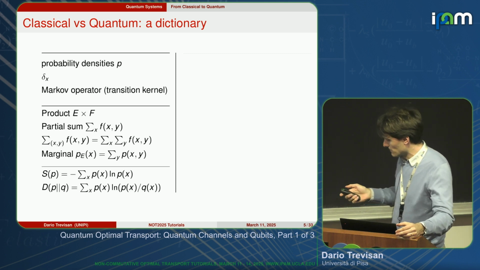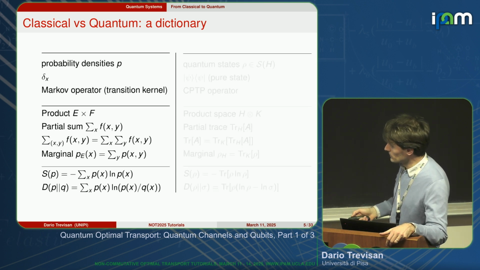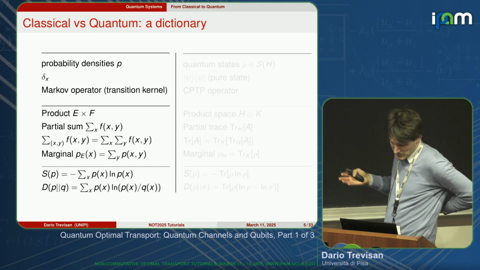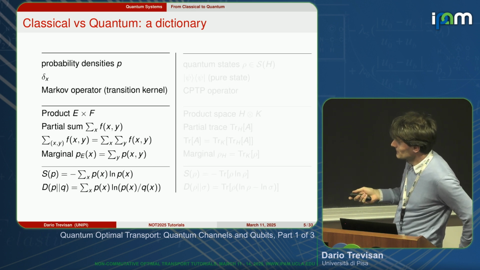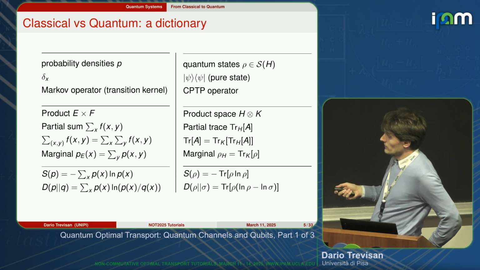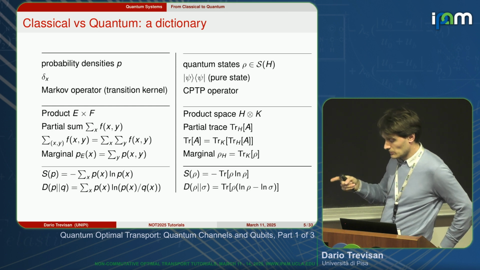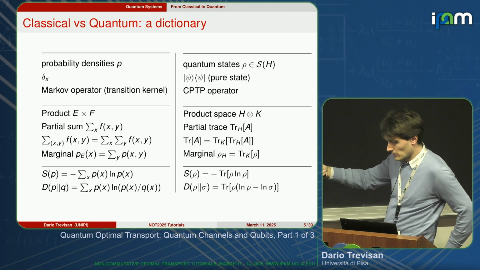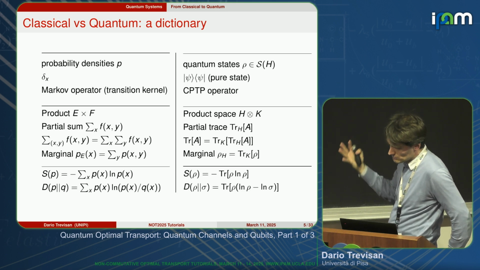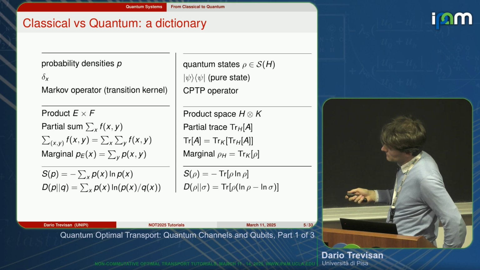Anyway, these are basic quantities, just to show you what the corresponding quantities in the quantum case are. Because we have more or less a full correspondence. There may be choices, but more or less these objects are fixed. So what is the analog of a probability density? We told you that a function has its analog as an operator. So if you think of a density as a special function, you have a special kind of operator, which we typically write with rho, which is a so-called state operator, or quantum state if you're just a physicist.